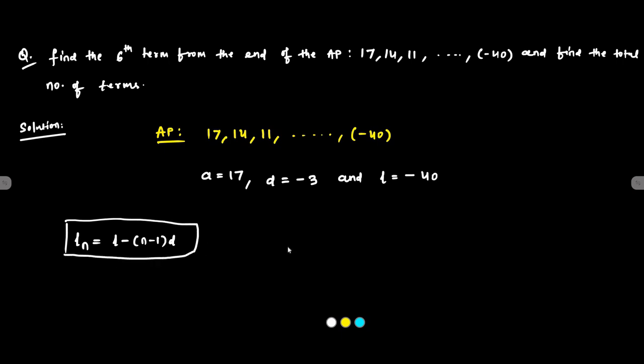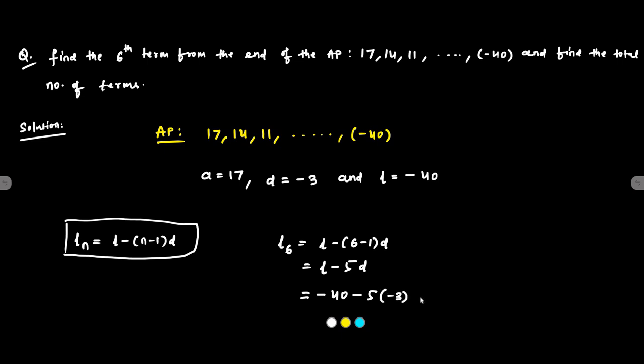So here L6, which is the sixth term from the last, will be equal to L minus 6 minus 1 d, which is equal to L minus 5 d. Okay, L minus 5 d. So here we'll just put the values: L is equal to minus 40 minus 5 into minus 3.